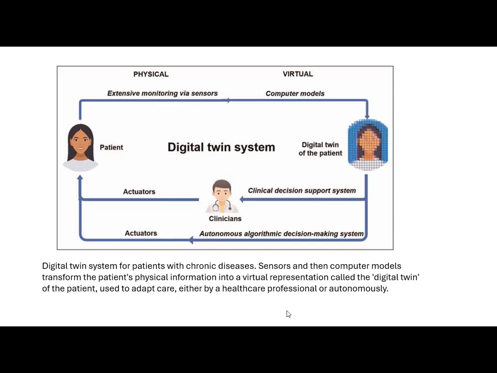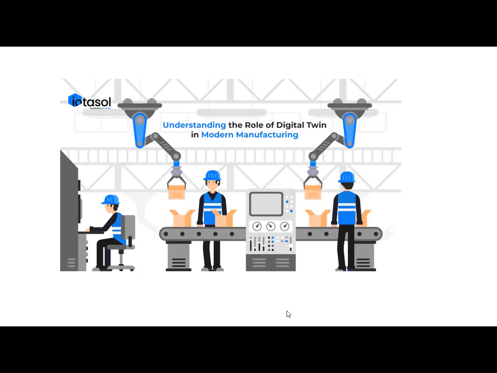Here is another example of a digital twin system from the medical environment, showing the physical and virtual parts. For the physical, we have extensive monitoring via sensors, and in the virtual we have computer models, and we use a clinical decision support system by either clinicians or by autonomous or algorithmic decision-making system, and these actuators are applied to the patient, as you can see.